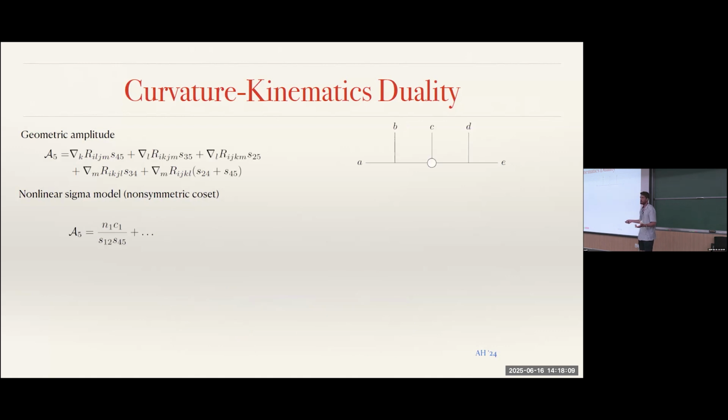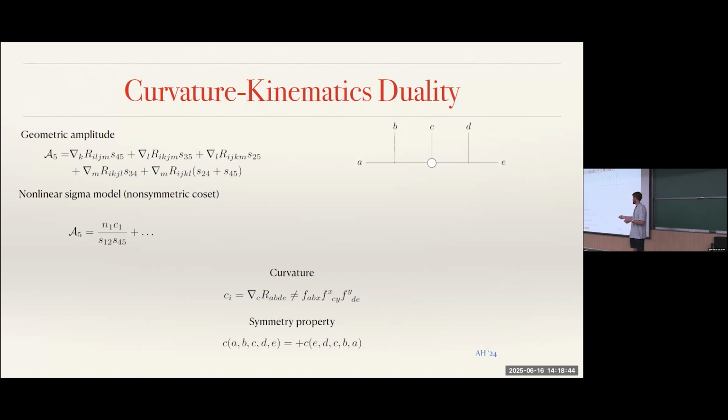But the plot thickens when we look at 5 points, because now our amplitude is definitely non-zero. Well, as before, it was 0. But we can go ahead and ask the same question: how can we find an expression for the kinematics which has the same properties as the curvature? And they have all the same properties as our 3 f's from before, except 1. And this is under reflection. So if you have the 3 f's and you reflect this diagram, you pick up a minus sign.